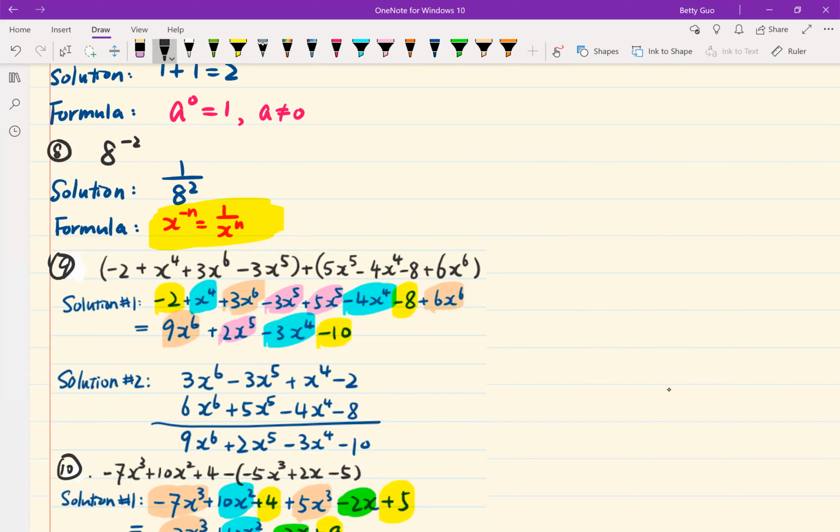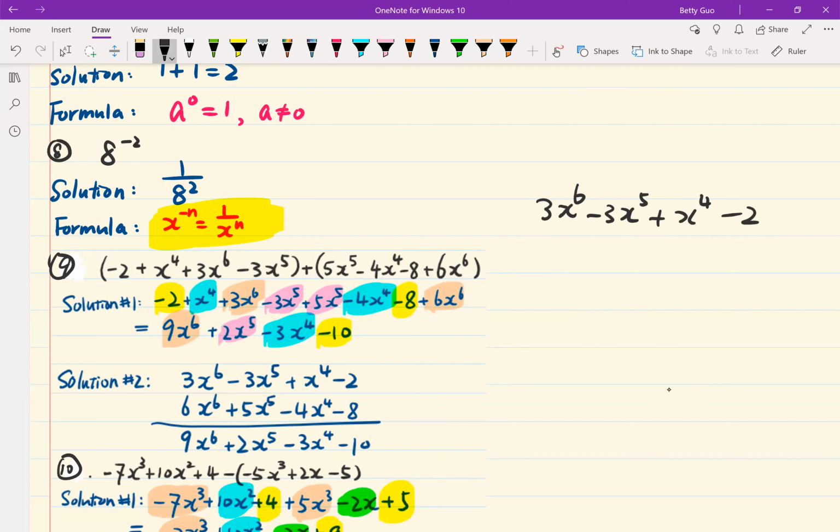I'm going to write the first polynomial on the top. The leading term is 3x to the power of 6. And then we have -3x to the power of 5. We also have x to the power of 4. The last term is -2.